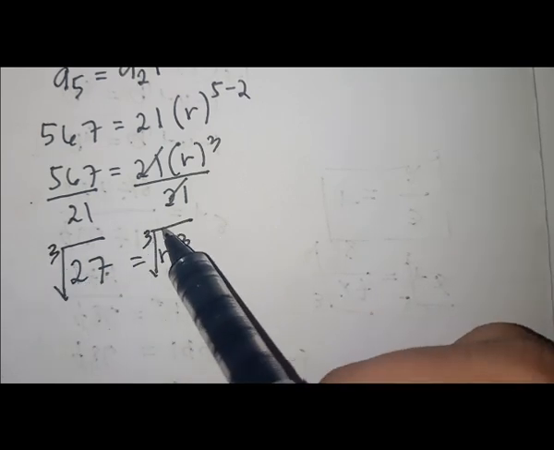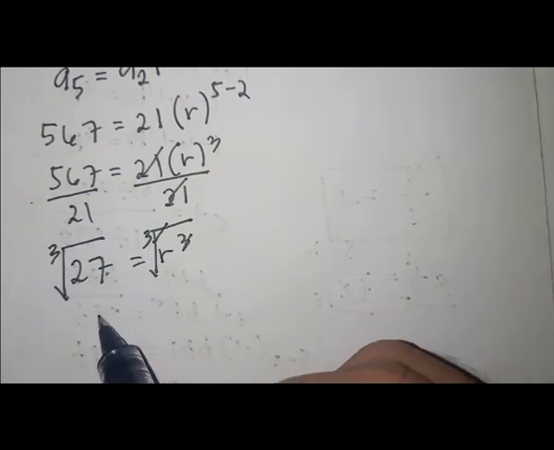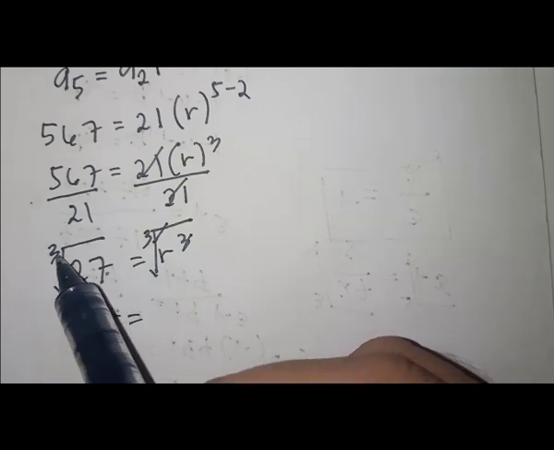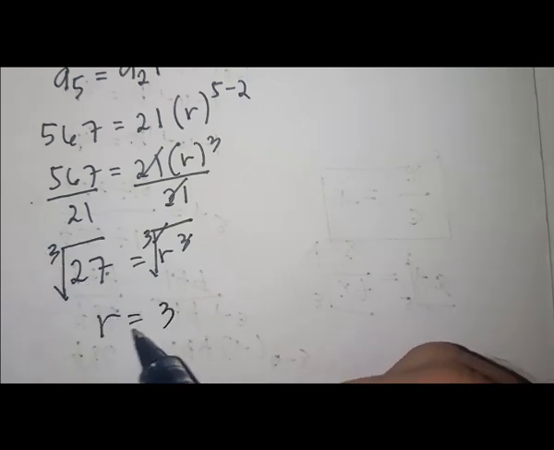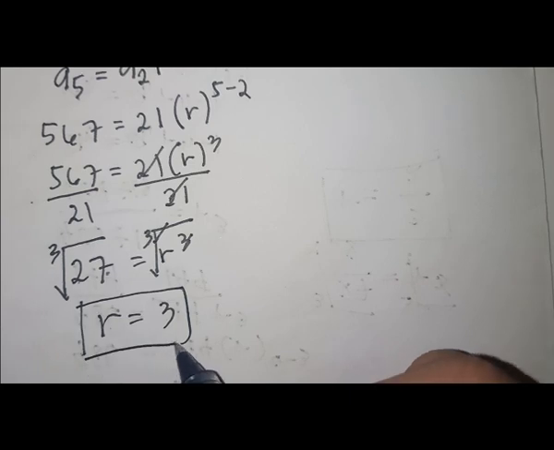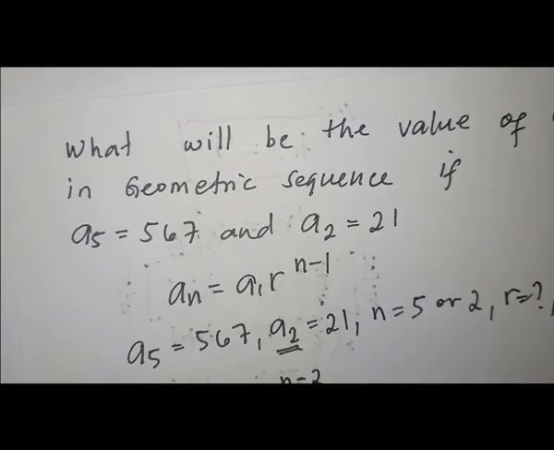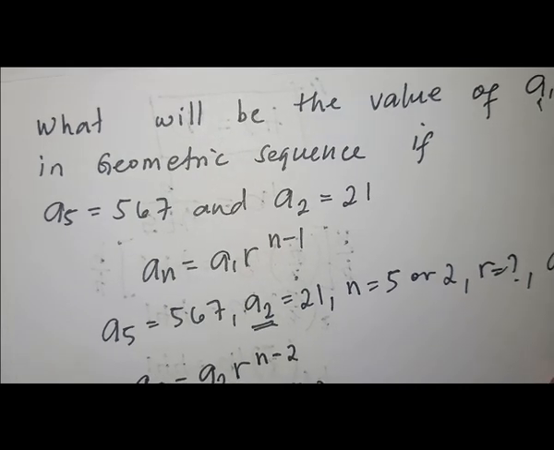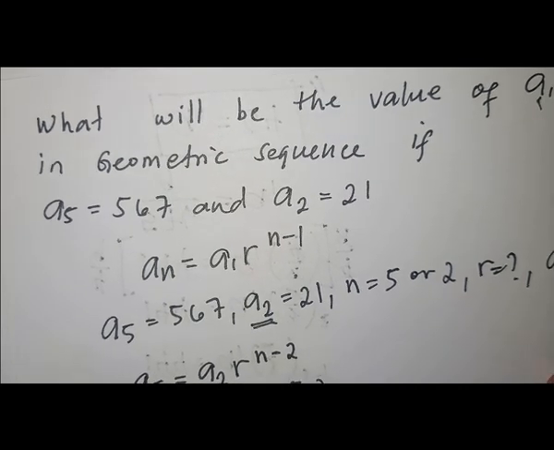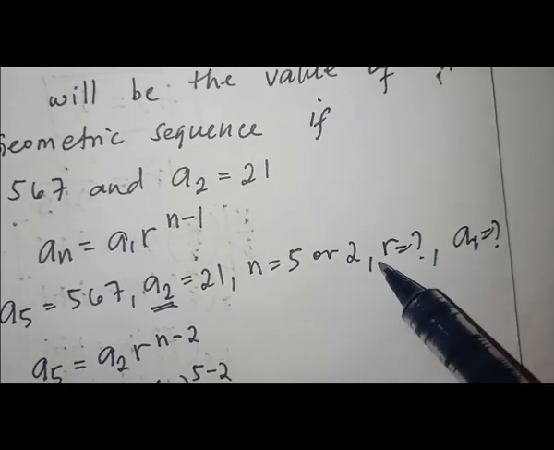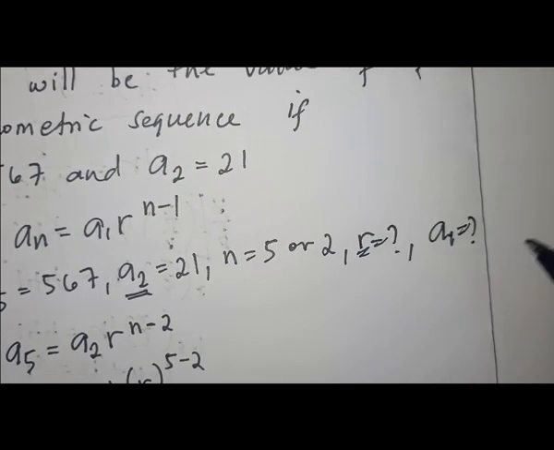Ang cube root ng r cube is r, while ang cube root ng 27 ay 3. Meron na tayong common ratio ng sequence na ang A sub 5 ay 567 and A sub 2 niya naman ay 21. Dahil meron na tayong common ratio, proceed na tayo sa pagkuha ng A sub 1.